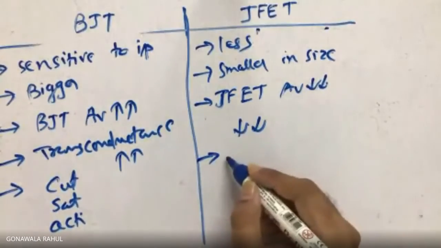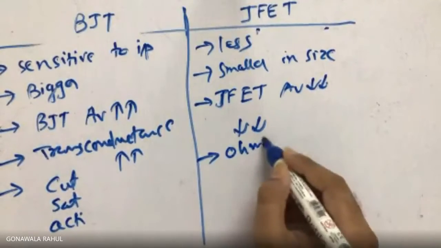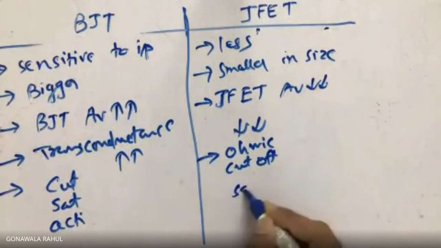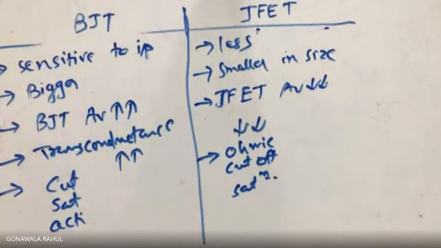Here we have regions like ohmic, cutoff and saturation. Here pinch off will also come, so that we will see in characteristics. What is pinch off and all that concept we will see.